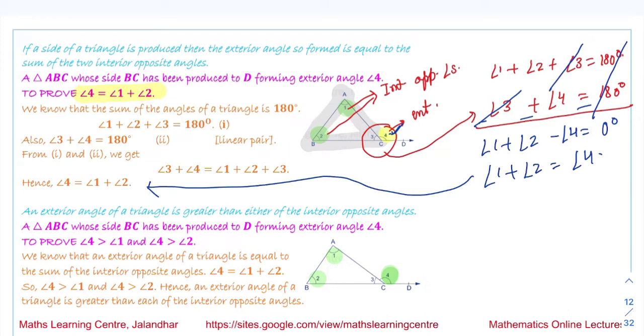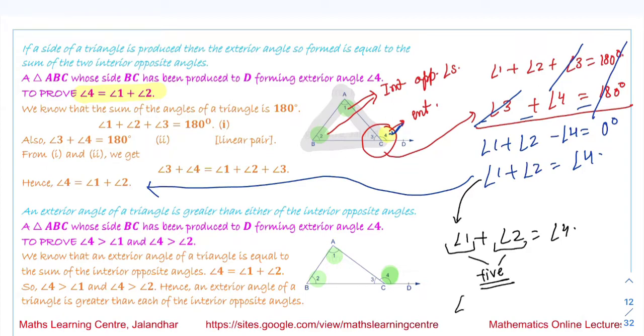From the last result, we have angle 1 plus angle 2 is equal to angle 4. The values of these angles are positive.